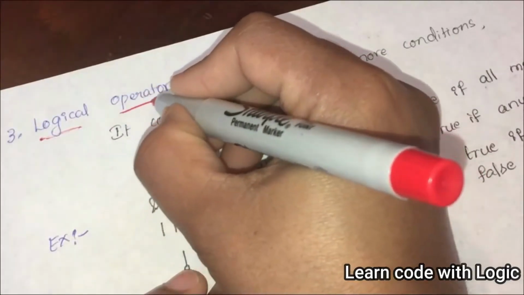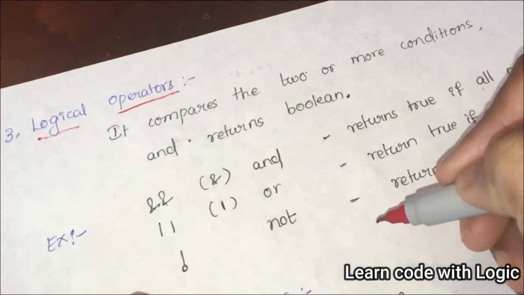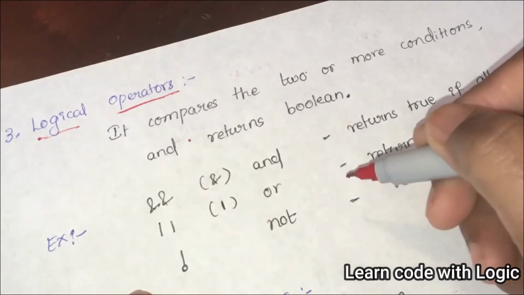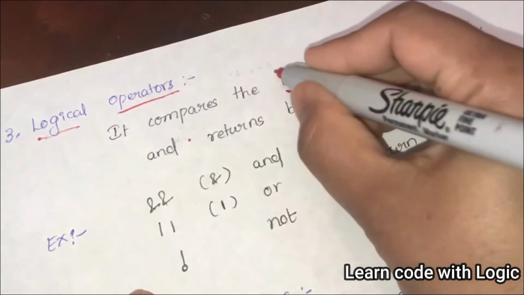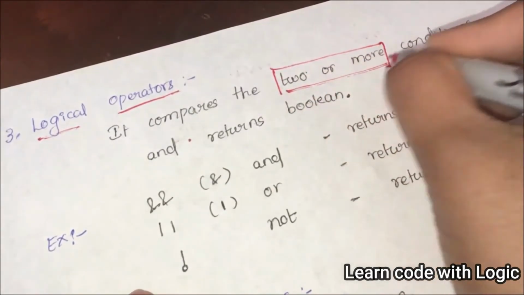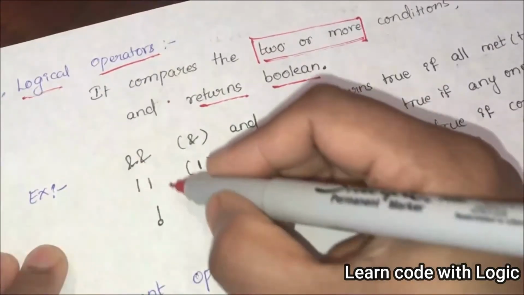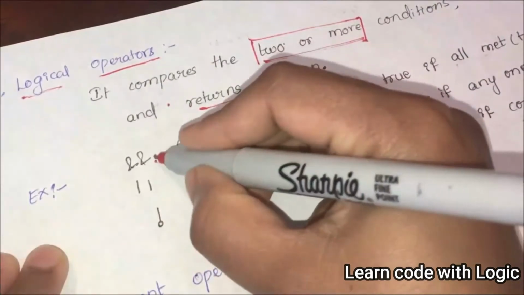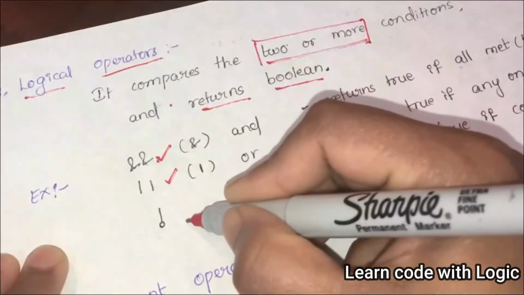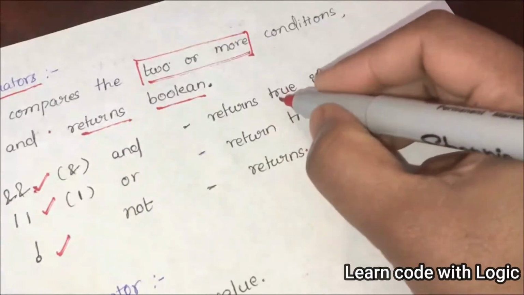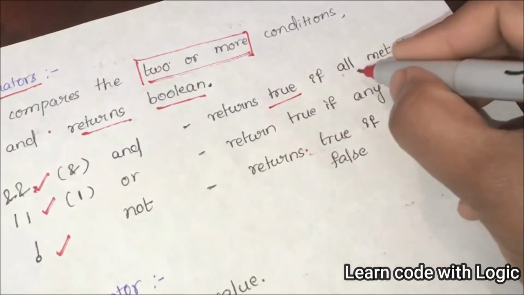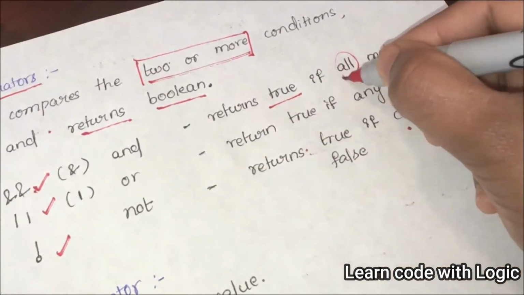The third one is logical operators. It also does comparison, but it compares two or more conditions and returns a Boolean value. The logical operators are and, or, not. And returns true if all conditions are true.